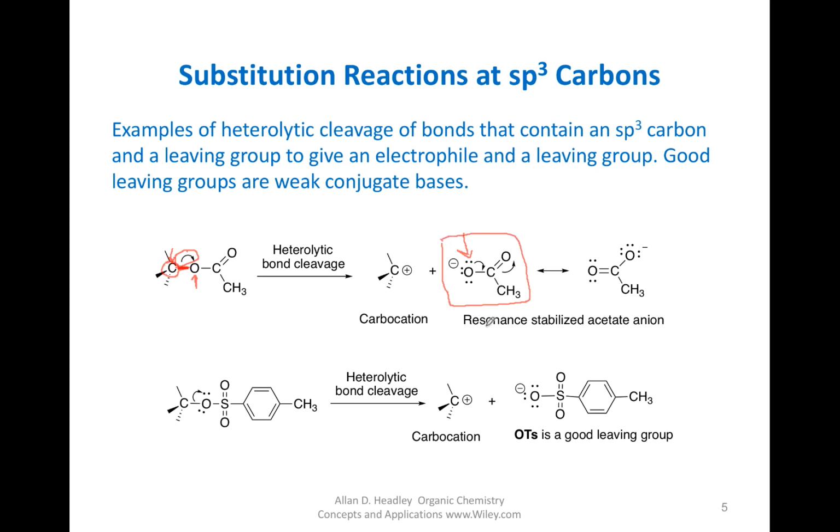It is stable due to resonance. That's the acetate anion. So once these electrons come in to form a double bond here, these electrons kick out to put the electrons on the oxygen. So by resonance, this species here, the acetate anion, is stable. What that means is that this bond is a weak bond and breaks readily.